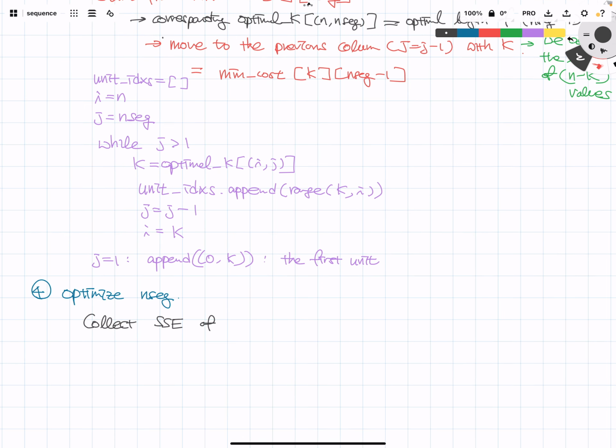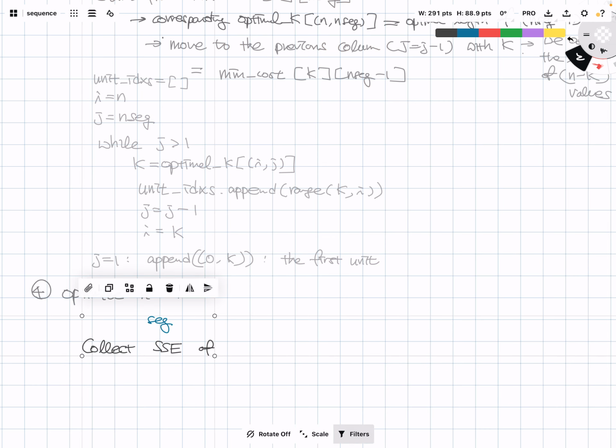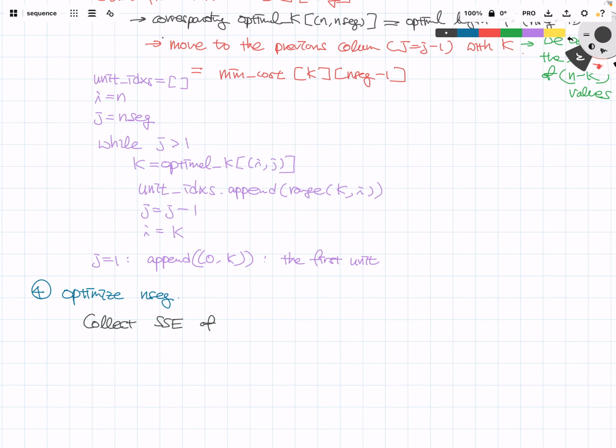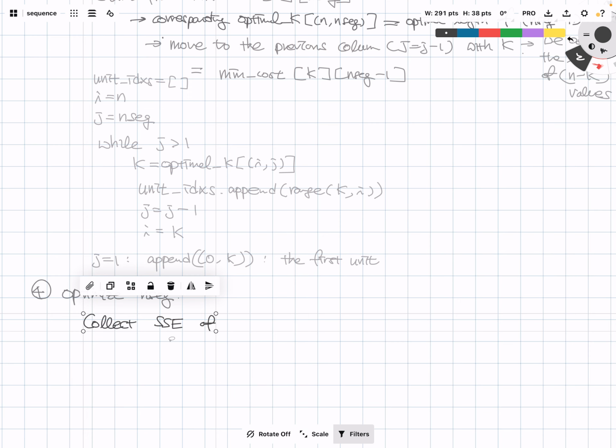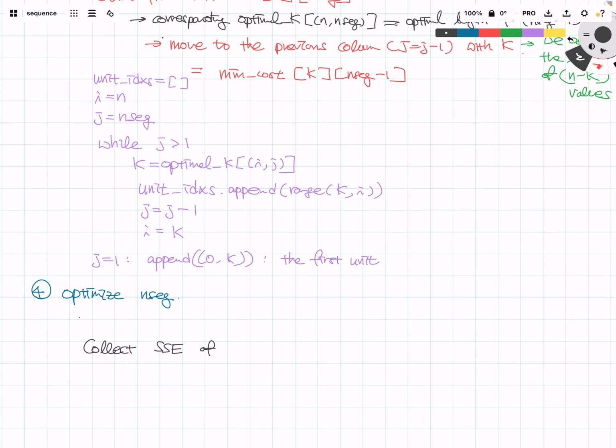This first step can depend on your cost function, but in this case, the cost function is SSE, but for other cost functions, we can develop a similar strategy.